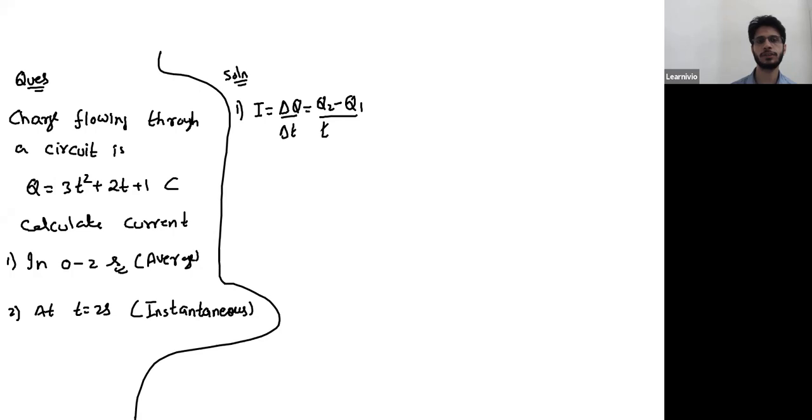Delta T means T2 minus T1. This is charge divided by time interval. If T1 is equal to 0, the initial instant is 0, then Q1, Afroza, what would be Q1? Charge at t equal to 0. How do you calculate charge at t equal to 0?